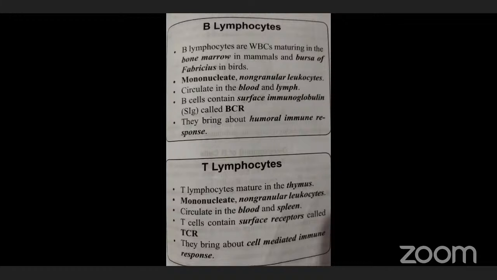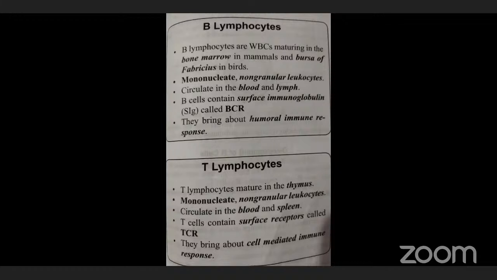For what purpose? To mount a quick action when the same antigen infects again. Clear, that is the major role of memory cells. At least you should know what is what.